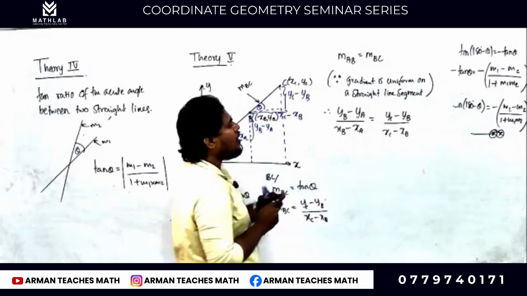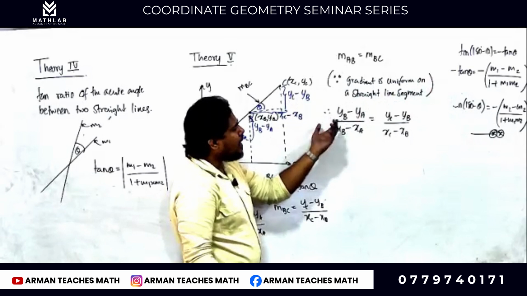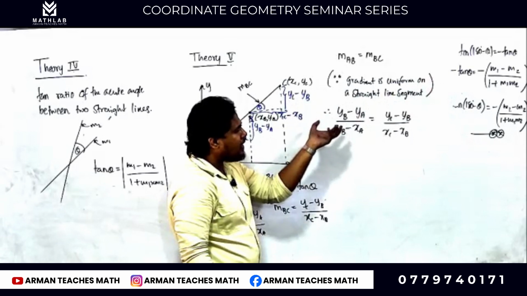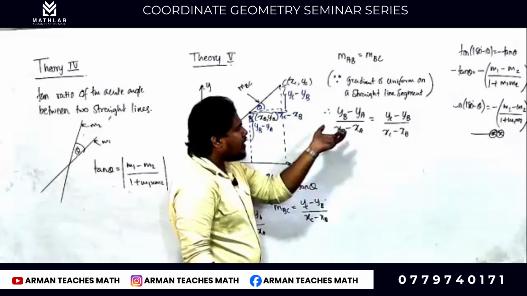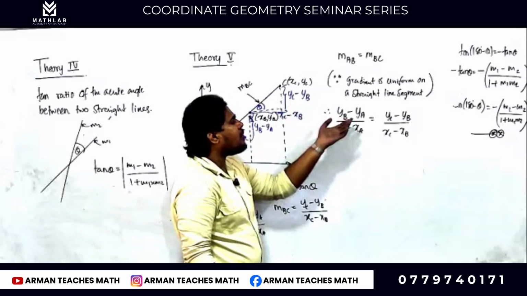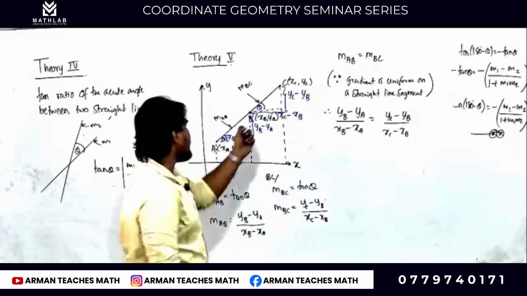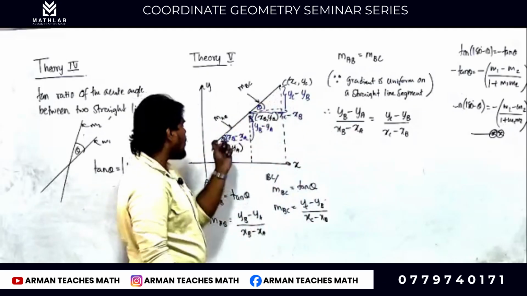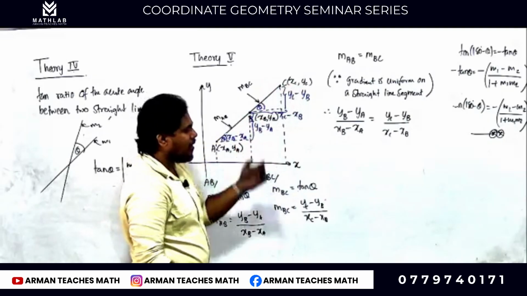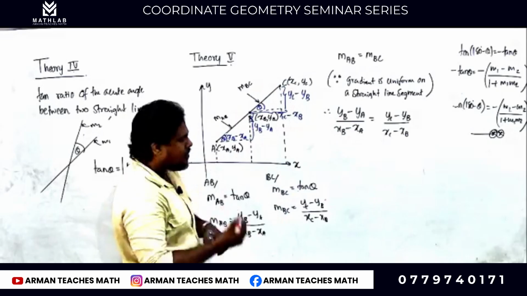So remember, listen, when it comes to a straight line segment, if you want to calculate the gradient of the straight line, you can select any 2 points on the straight line segment and calculate the gradient. Any 2 points. It can be these two, or these two, or if you want you can take A and C. Still you are going to get the same gradient. What's the conclusion that we can get from this?